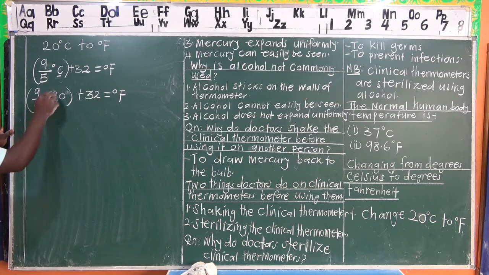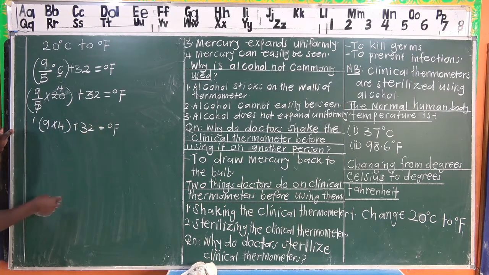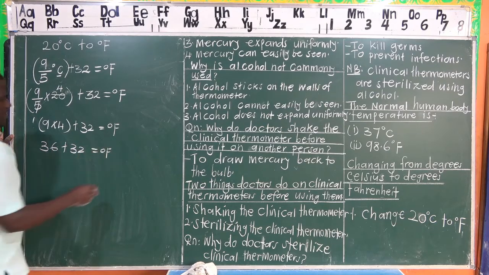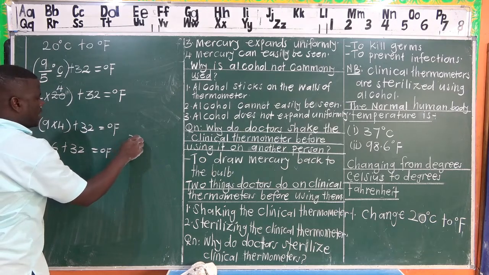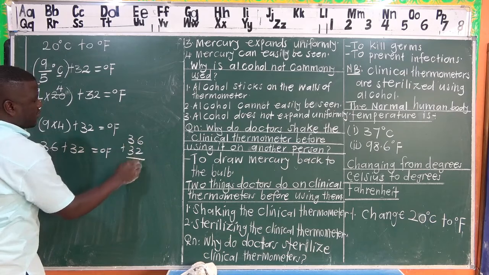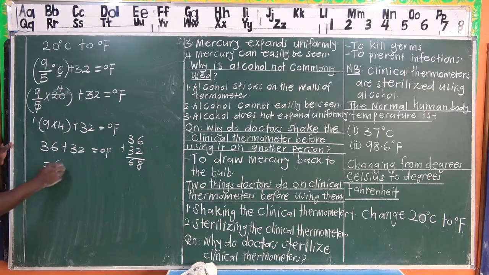5 into 5, 1; 5 into 20, 4. Then we remain with 9 times 4 plus 32 equals degrees Fahrenheit. 9 times 4 is 36, so 36 plus 32 gives 68 degrees Fahrenheit.